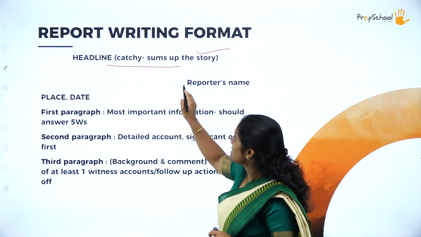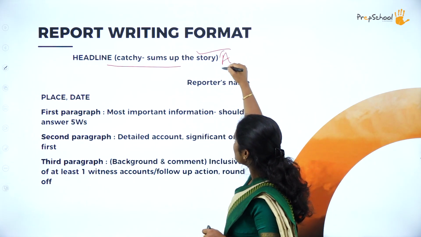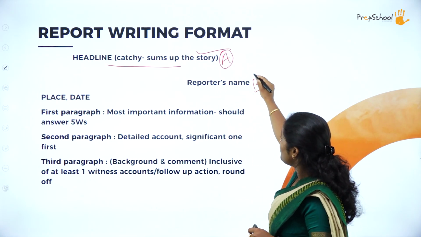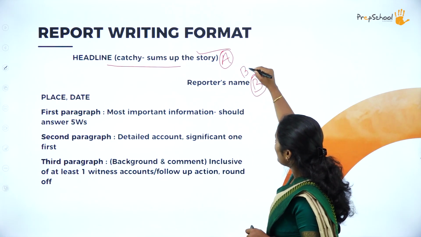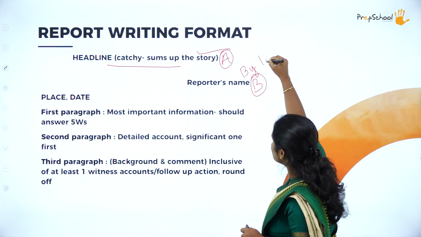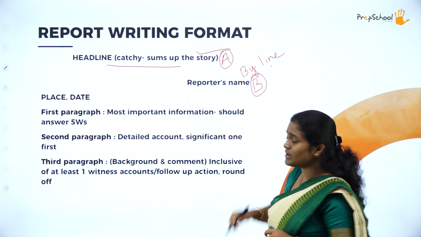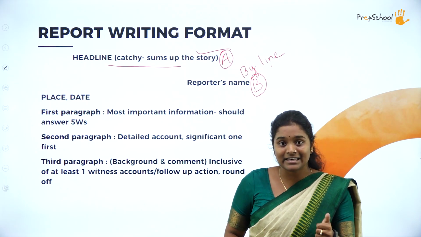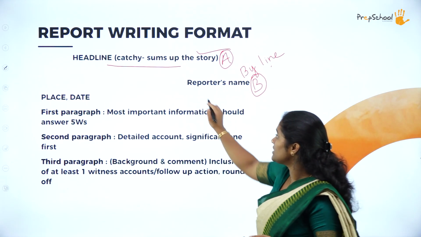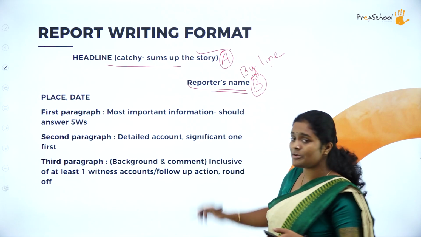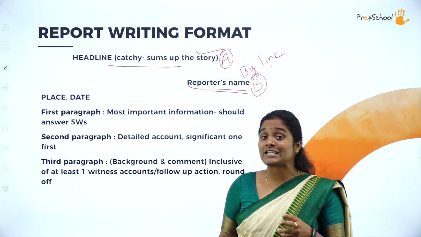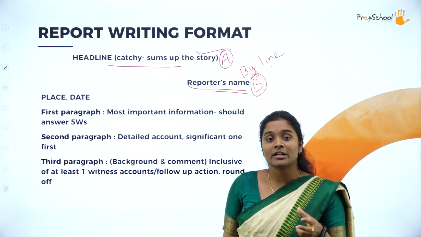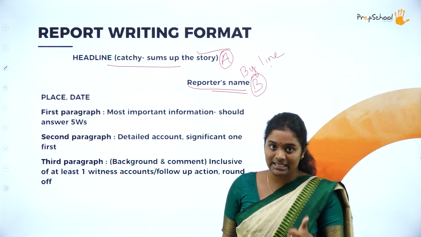Let's keep this as A. Then we have B, which is nothing but a byline, just as it was in the case of our article. There's no difference till now. Title, byline, same. The byline is placed right here, with the reporter's name. We can skip the designation, however. Reporter's name and designation, if it's there, great.